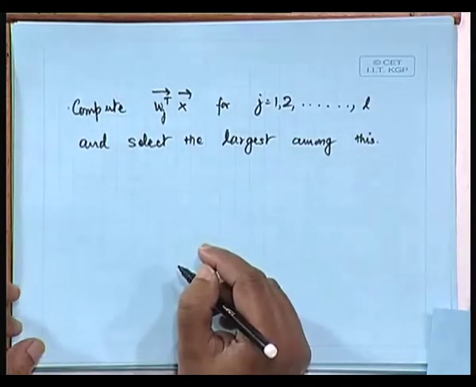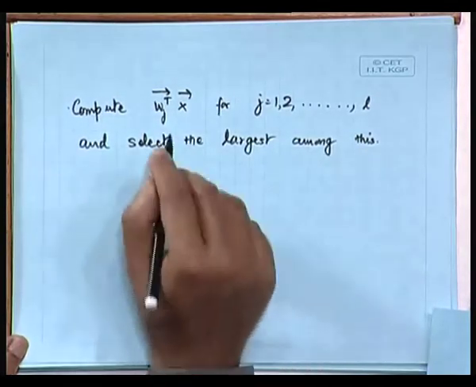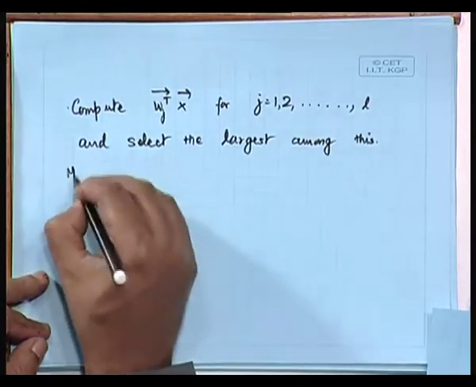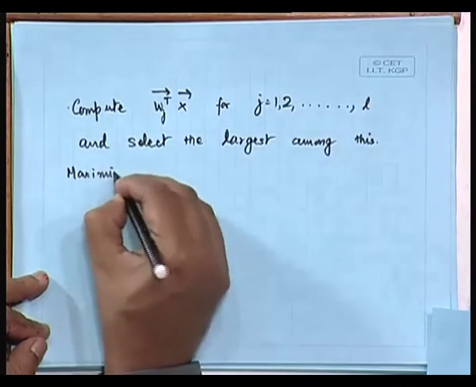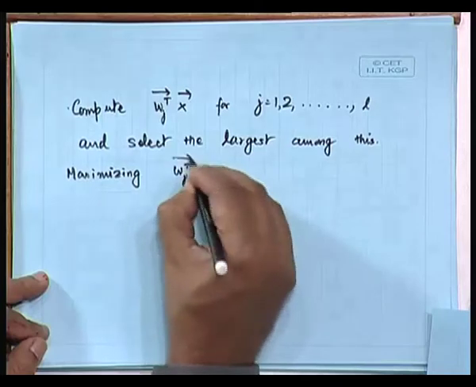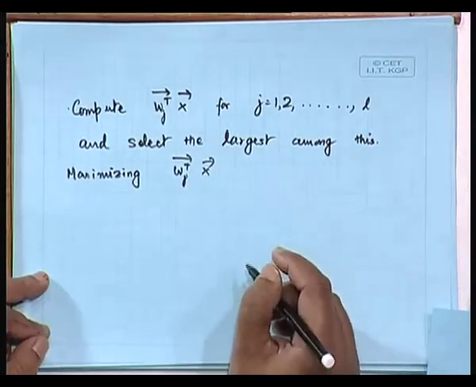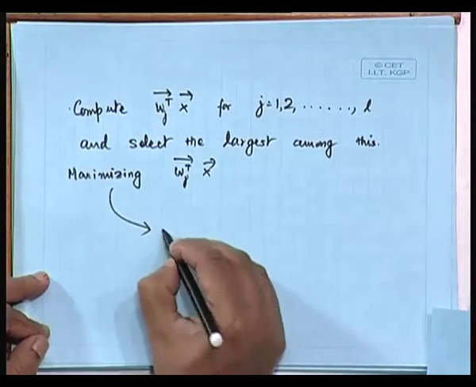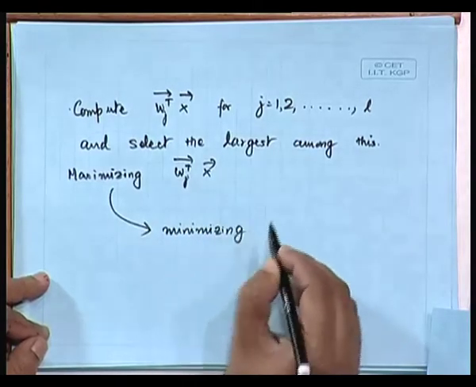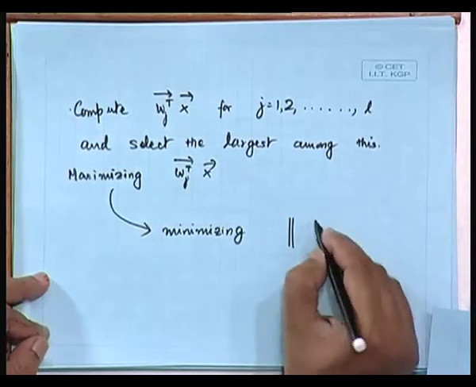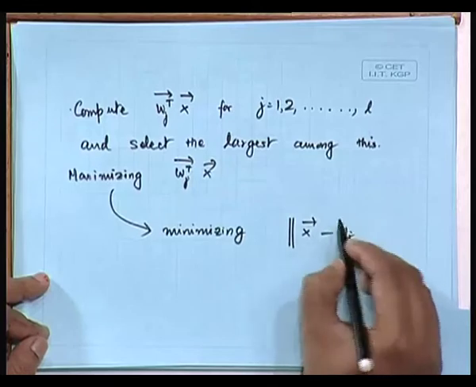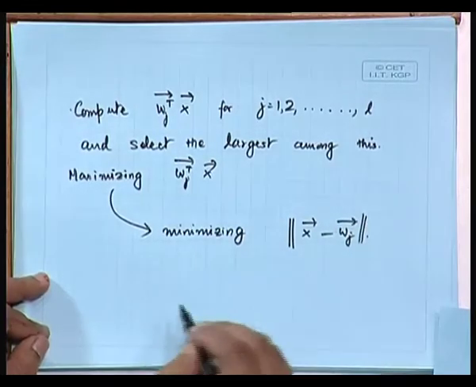The j that gives the largest value is the winner. In effect, we are maximizing Wj transpose x, and as I told you, this is nothing but minimizing the Euclidean distance between the x vector and Wj.